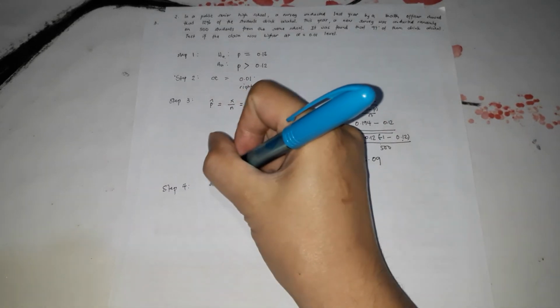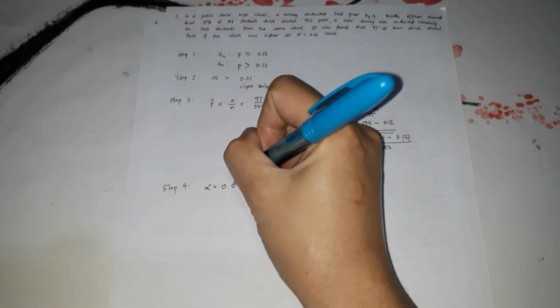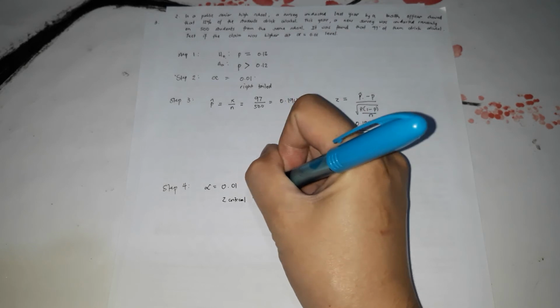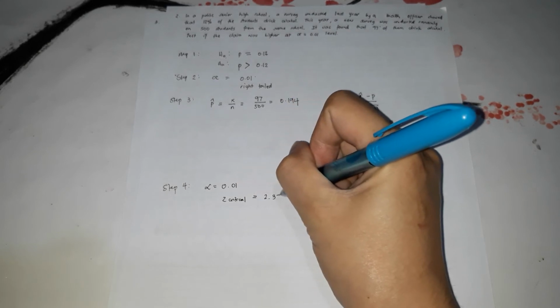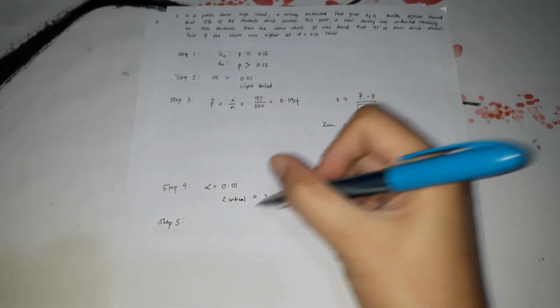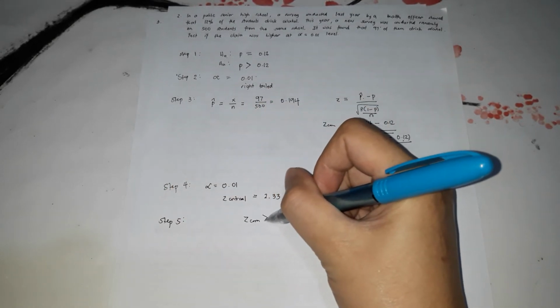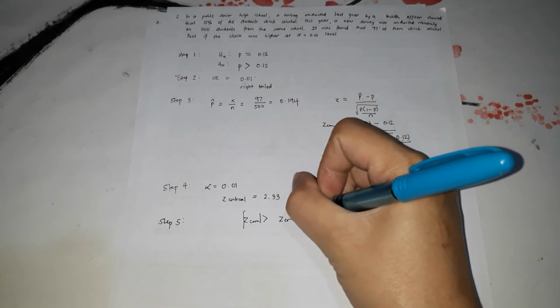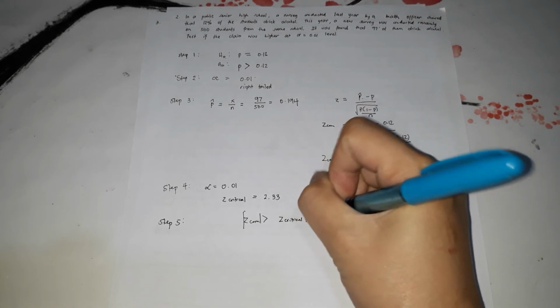So z critical is 2.33. Step 5. Z computed, the absolute value, should be greater than the z critical.